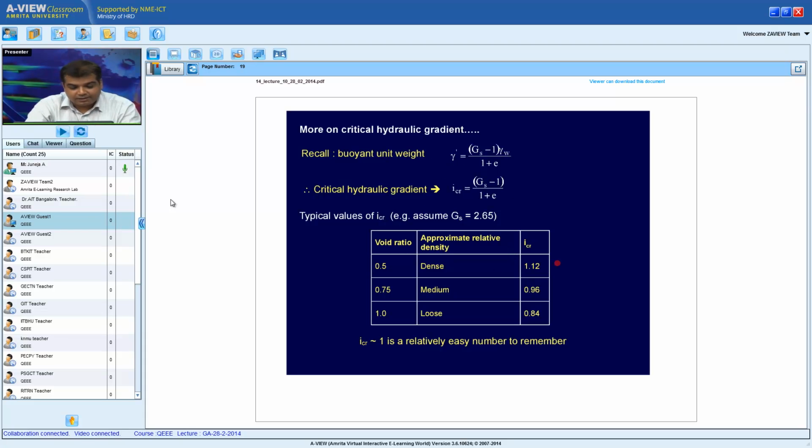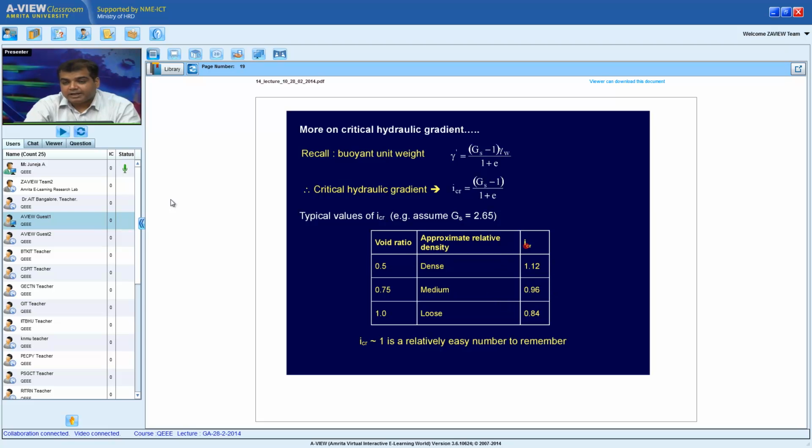This slide shows the various typical values of the critical hydraulic gradient. i_cr is the critical hydraulic gradient. For dense sand, it's usually slightly more than 1. For medium sand, it's less than 1, and loose sand is even less than 1. But for all practical purposes, we can take the hydraulic gradient as close to 1.